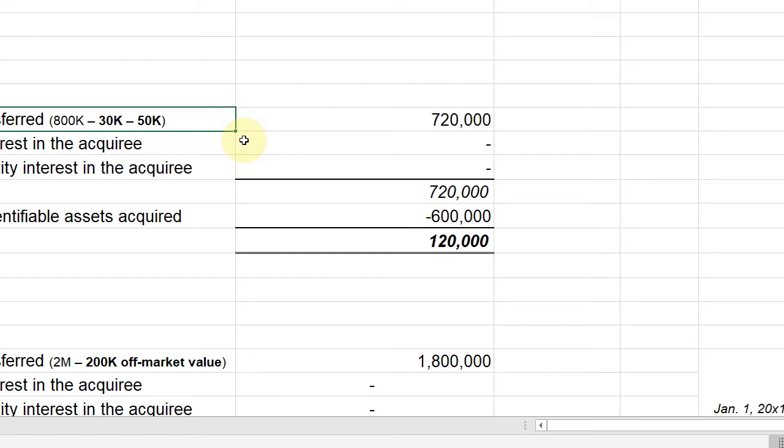Why? Because it favors sino nag-favor? It favors the acquirer more than the acquiree. Diba sabi natin, if it favors the acquirer more than the acquiree, then it is a separate transaction.